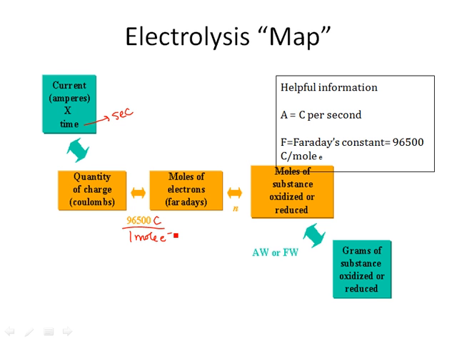And you may have to flip it depending on which way you're going on the map. So if you're trying to find moles of electrons, you would flip it over. If you're trying to find coulombs, you can use it like that. Right here? Faradays. So a Faraday is 96,500.